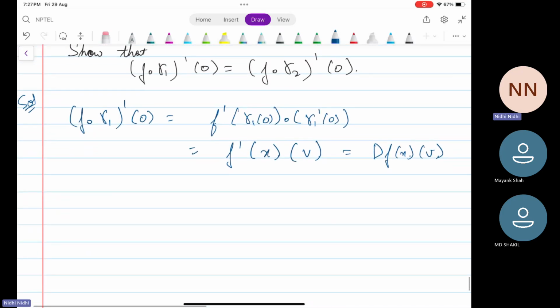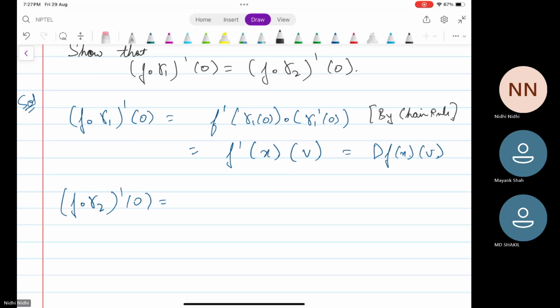And similarly, (f composed with gamma 2) dash 0, by the chain rule, is equal to f prime at gamma 2 of 0 applied to gamma 2 prime at 0.